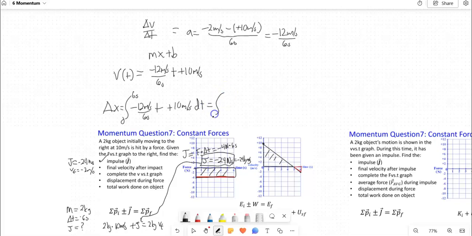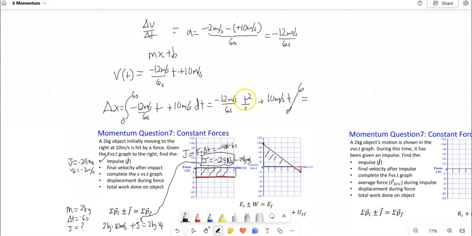So this is going to result in negative 12 meters per second over 6 seconds, t squared divided by 2, plus 10 meters per second times t, from 0 to 6 seconds.